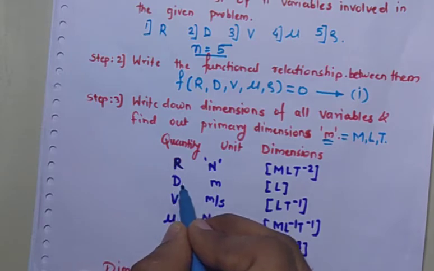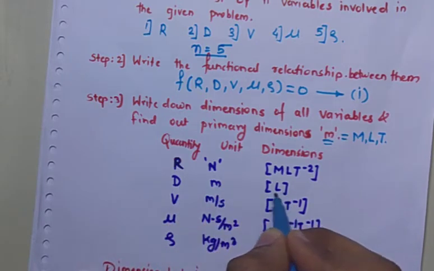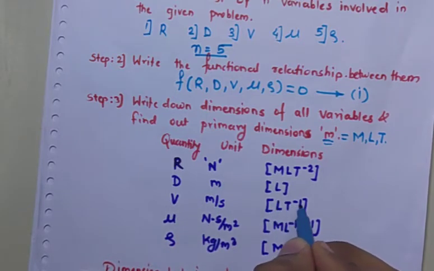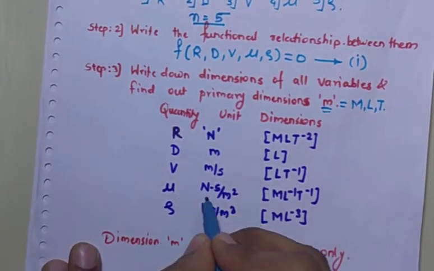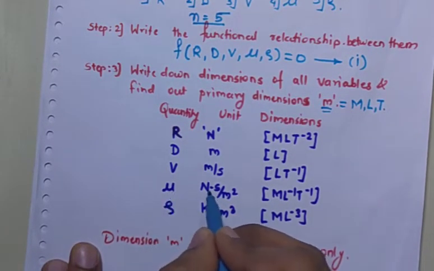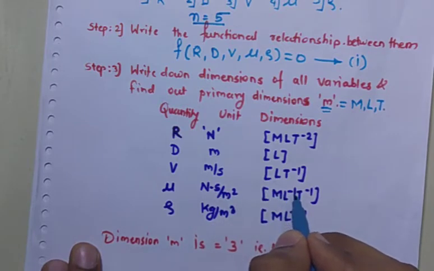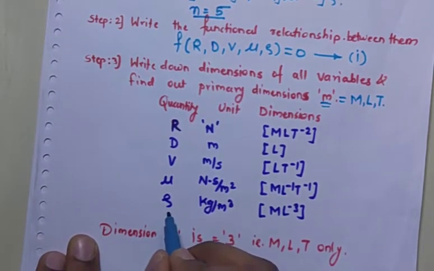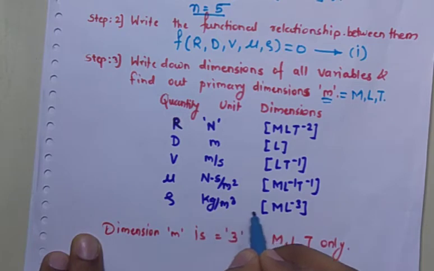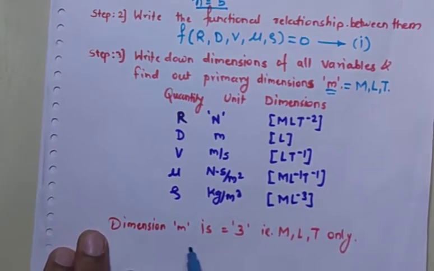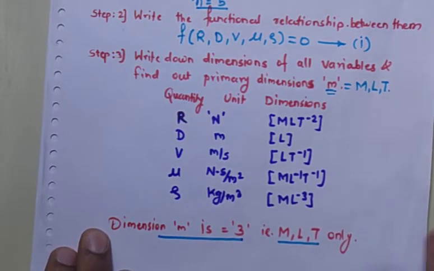Next quantity is diameter d, unit is meter, its dimension is length. Next quantity is v, its unit is meter per second, dimension is L T raised to minus 1. Next quantity is mu, the dynamic viscosity, its unit is Newton second per meter square and its dimension is M L raised to minus 1 T raised to minus 1. Next quantity is density, its unit is kg per meter cube, its dimension is M L raised to minus 3. So the primary dimensions are 3, that is M L T only.